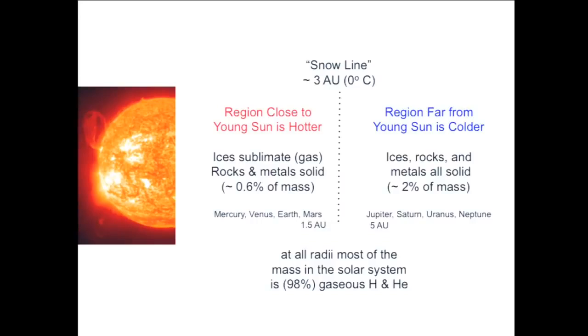I should say, everywhere in the newly forming solar system, most of the mass is actually in the form of gaseous hydrogen and helium. Most of the material is in gaseous form; the stuff that's in rocks is either just the irons and silicon, or that plus ice.